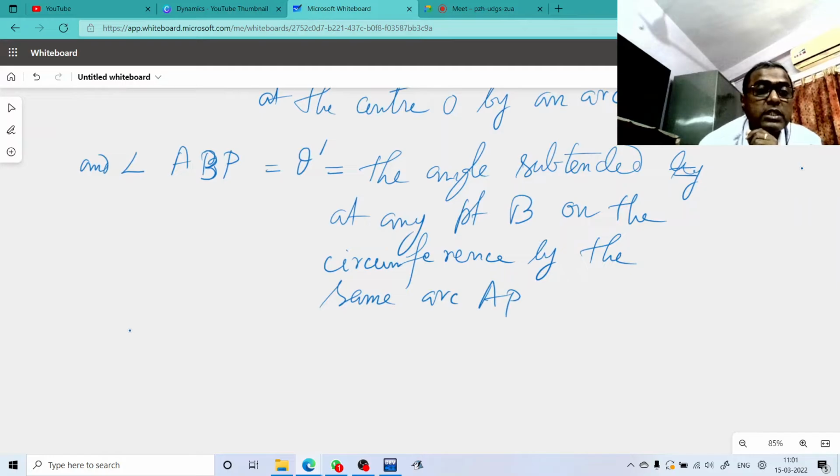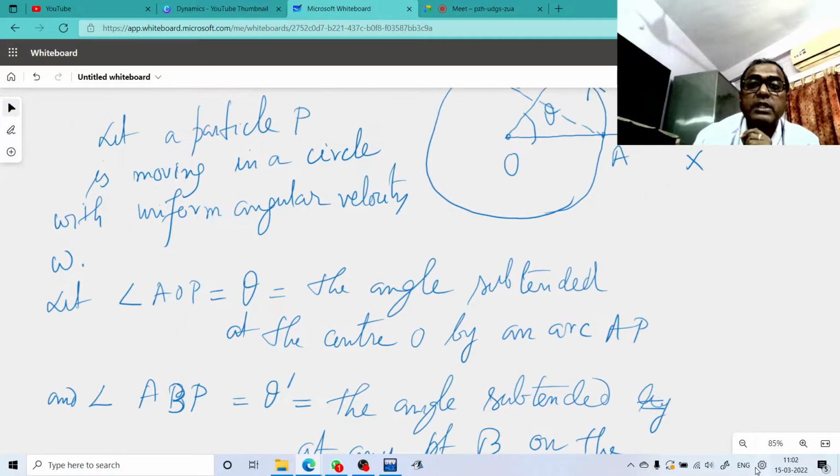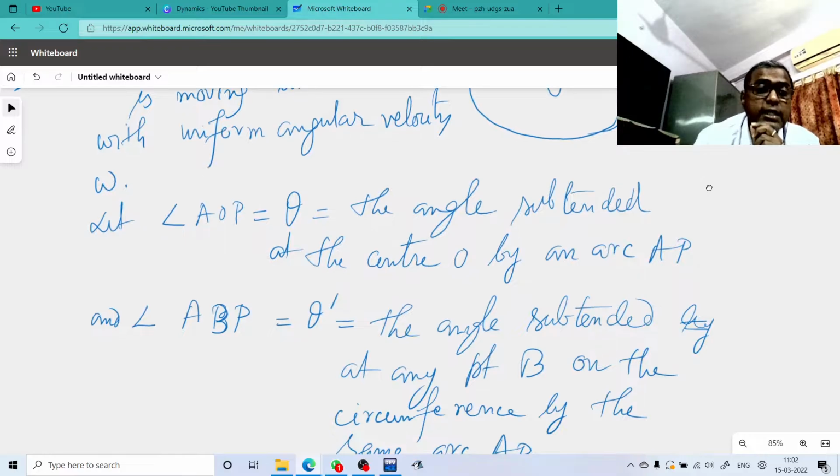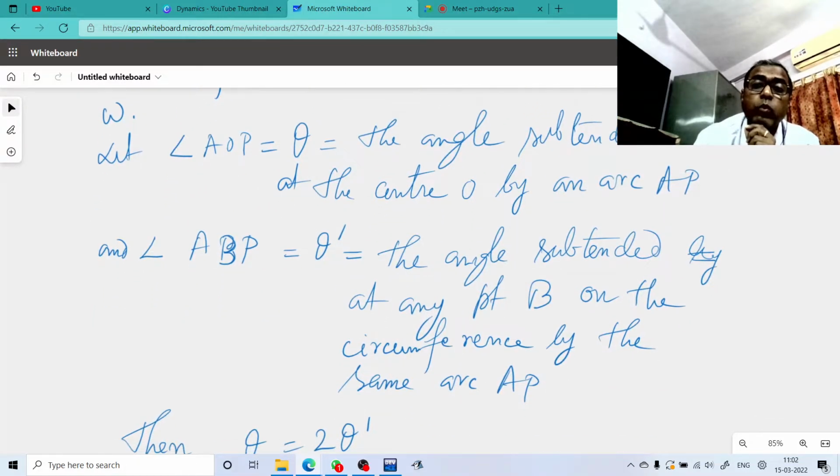Then obviously from geometry we get theta equal to 2 theta dash. This is the circumference angle by the same arc. Circumference angle is theta dash and center angle is theta. So the relation is theta equal to twice theta dash.